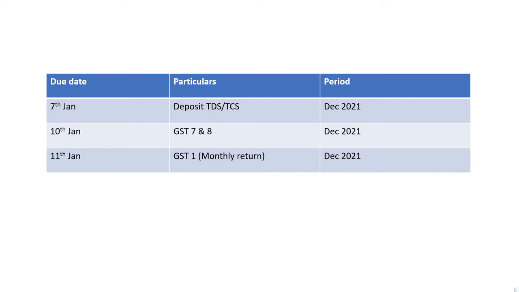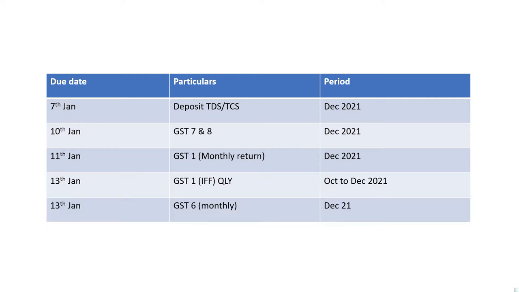In case you selected the quarterly return, then 13th is the due date for the period October to December. Then 13th January is the due date for GST 6, which is for the Input Service Distributor. So if you are an ISD holder, then you have to do GST 6. The due date is 13th January.